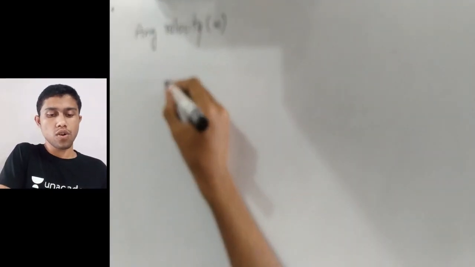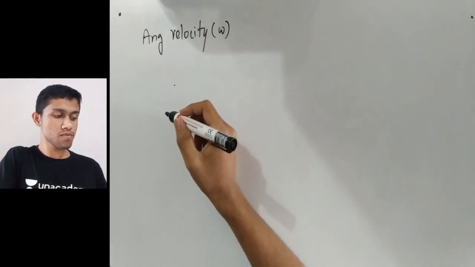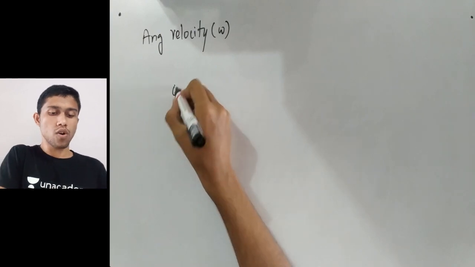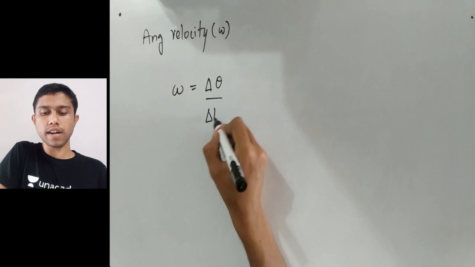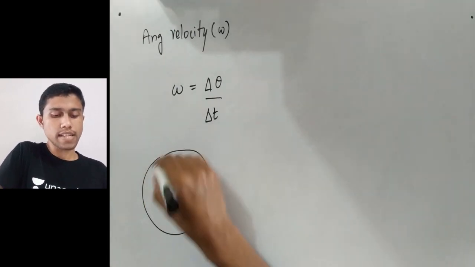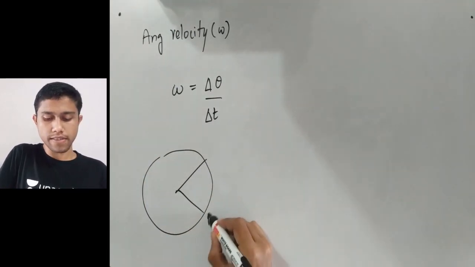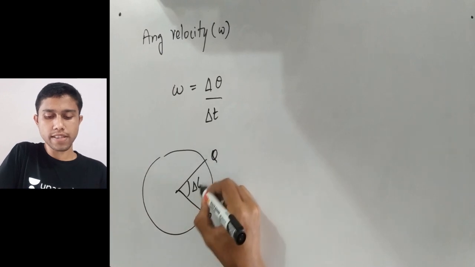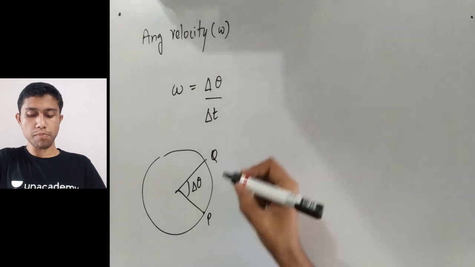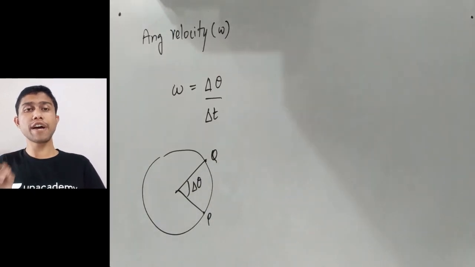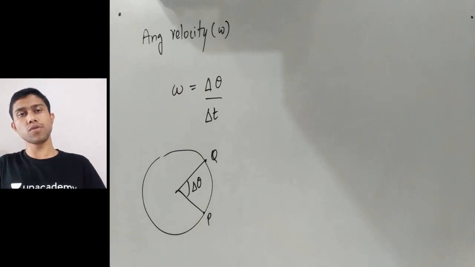We have omega equals delta theta by delta t. Again, this is point P, this is point Q and this is delta theta. But in this case the time required by the particle to travel from point P to point Q is infinitesimally small, like 0.0000.